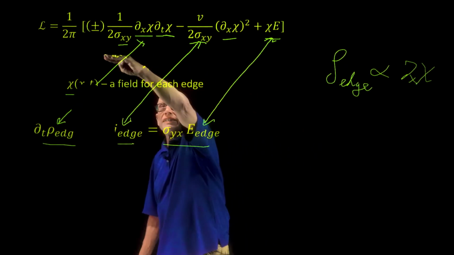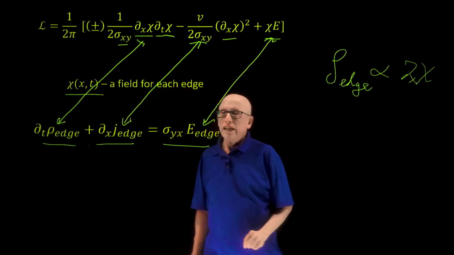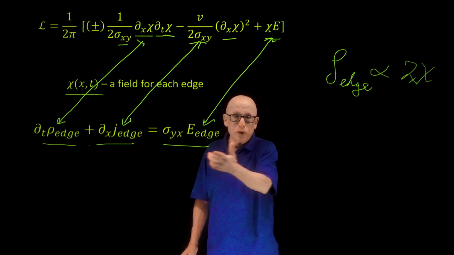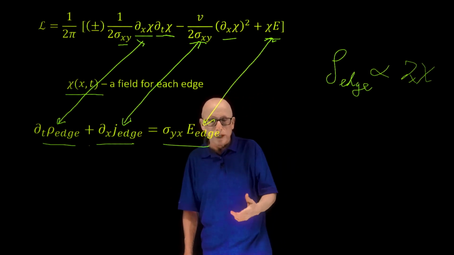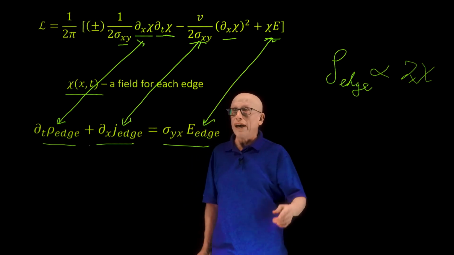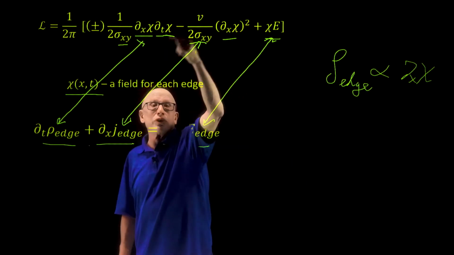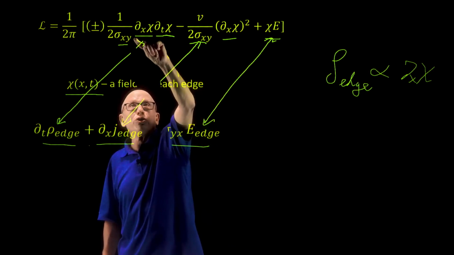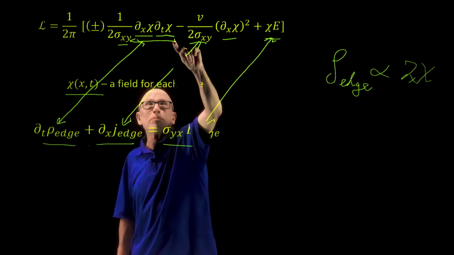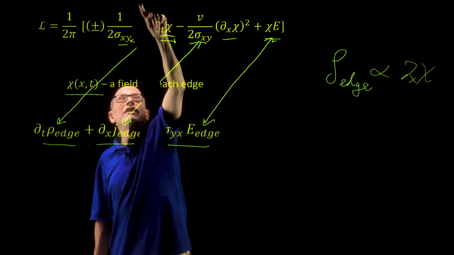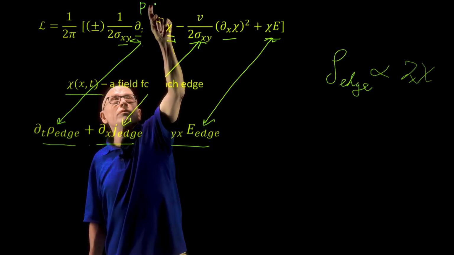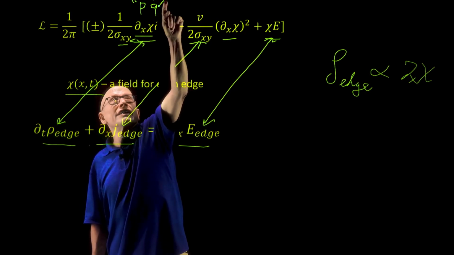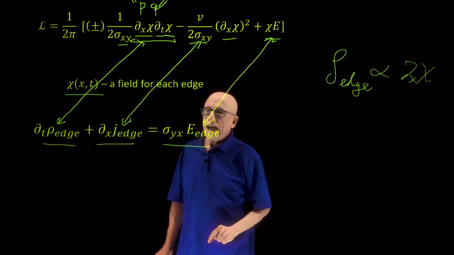Now, having this Lagrangian, we can also transform to a Hamiltonian description. And the way to do that, as always, is to do the Legendre transform trick, which focuses on this term. This is the symplectic term. This is what takes the role of p q dot in classical mechanics.